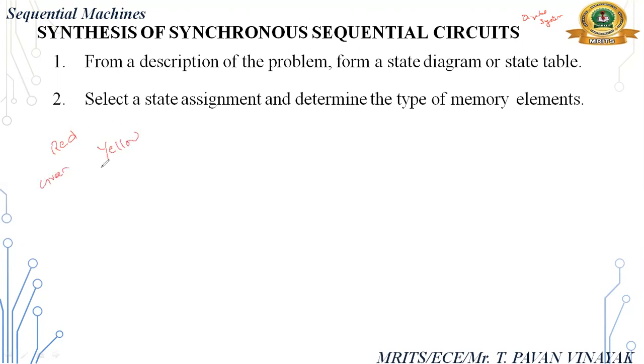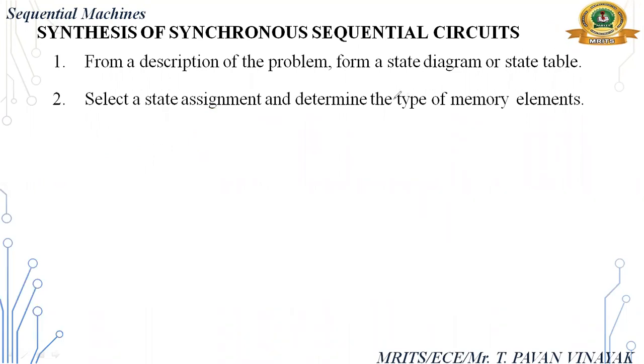So using these three colors, you represent them in the digital system, meaning we have to assign them binary codes. Red color like 00, yellow color 10, green color 11. We are assigning some binary code, meaning digital value. That is called state assignment.